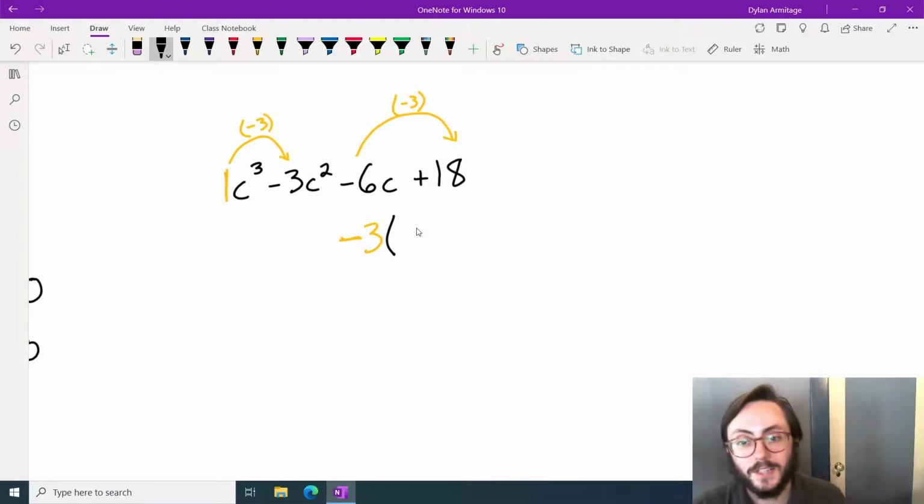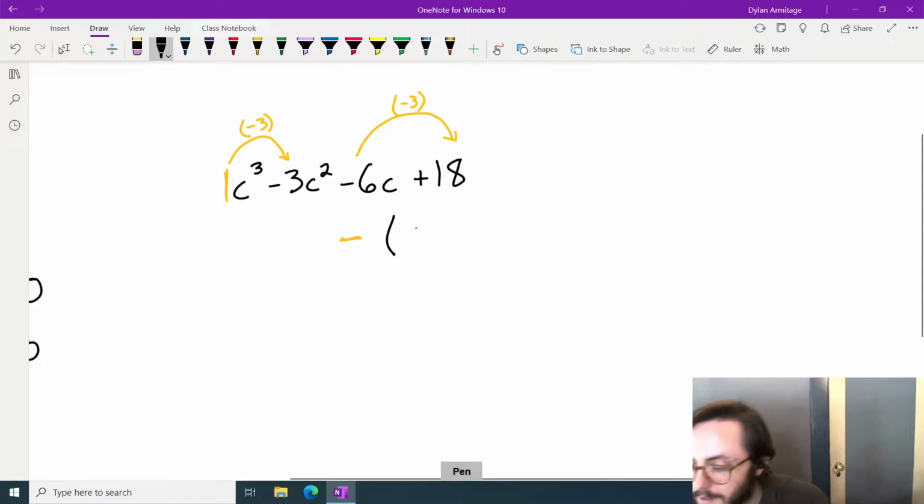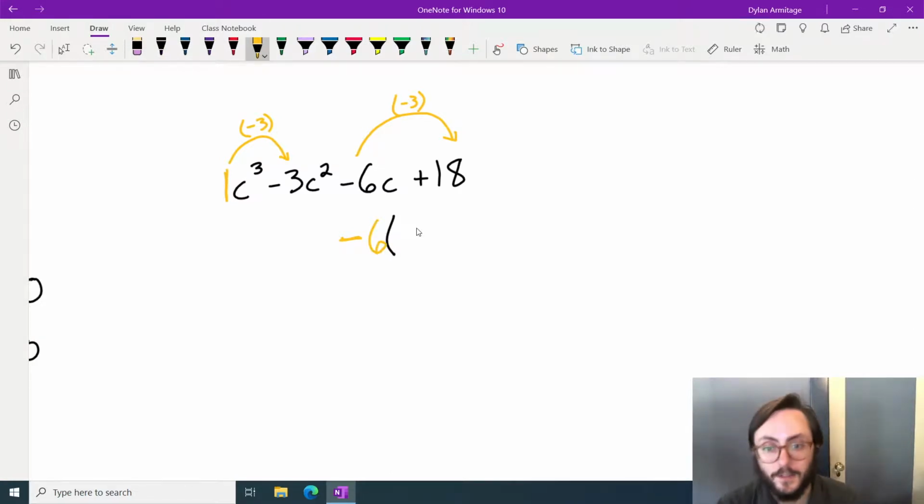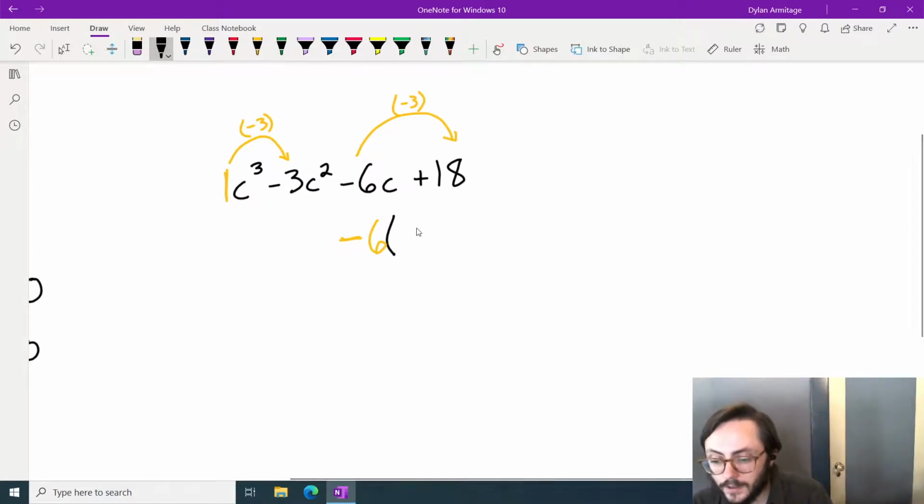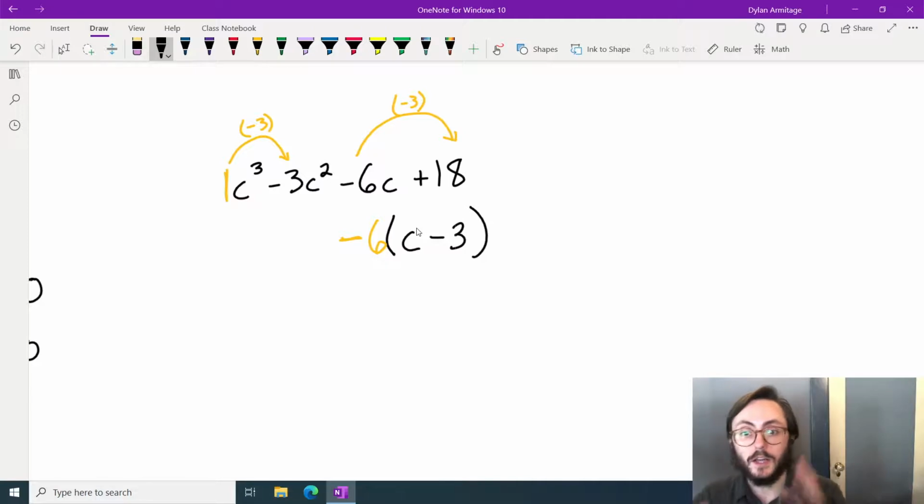Sorry, no, we're not taking out the 3. We're taking out the negative 6, specifically because we want the coefficient inside to be 1. So that's c minus 3. We want it to look like 1c minus 3 somehow.